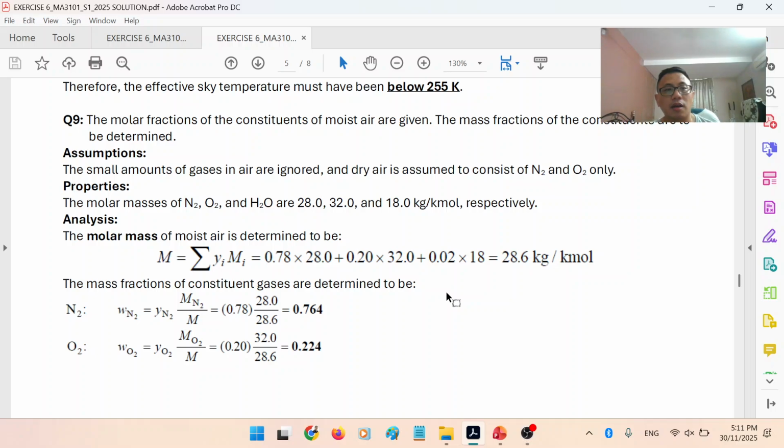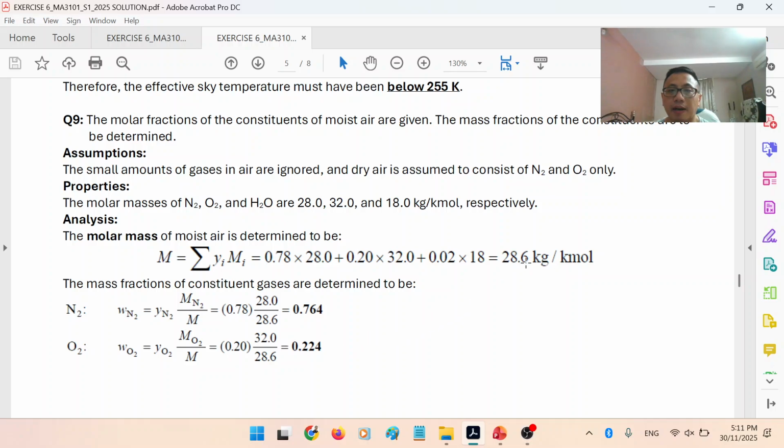Okay, the mass fraction of constituent gases are determined to be 0.78 times 28 over 28.6. Now we get 0.764. Okay, so it's just converting the mole fraction to mass fraction.